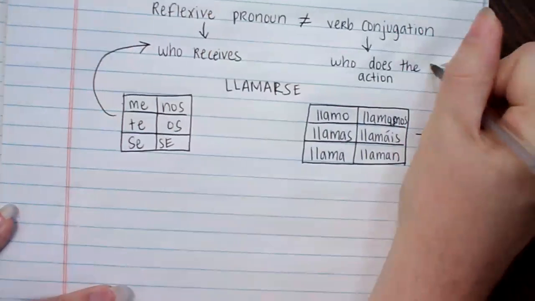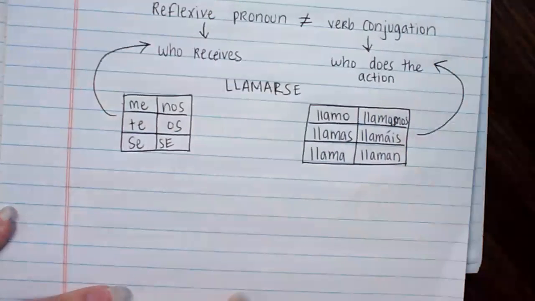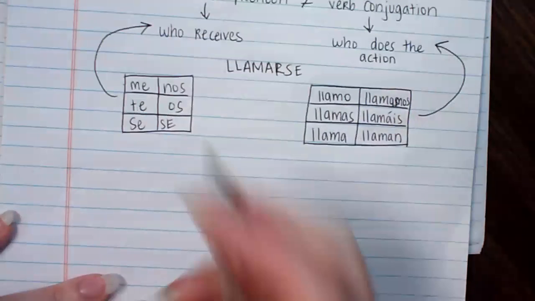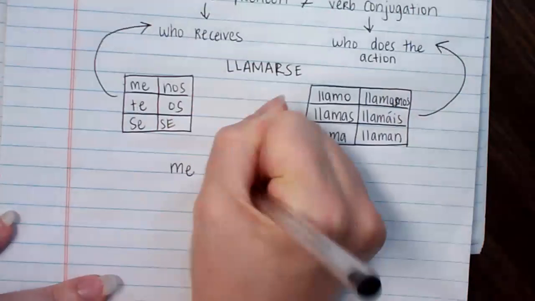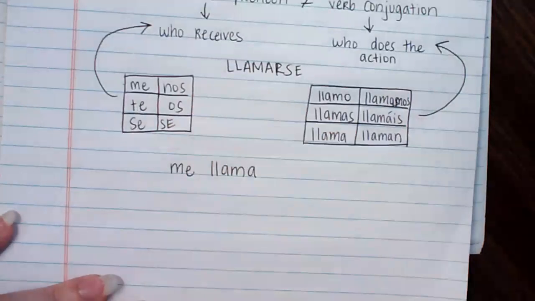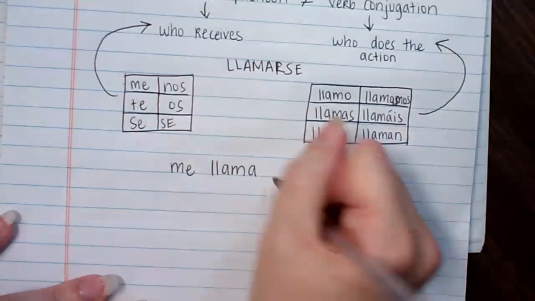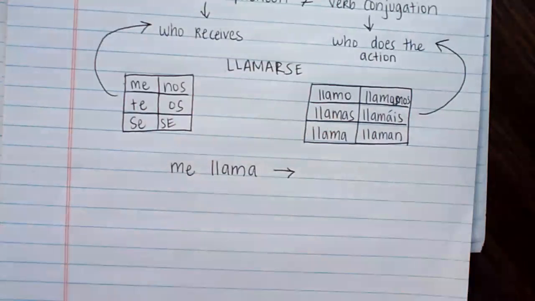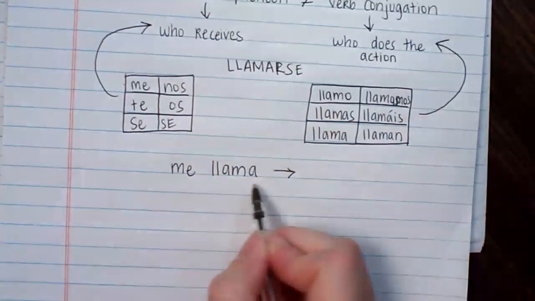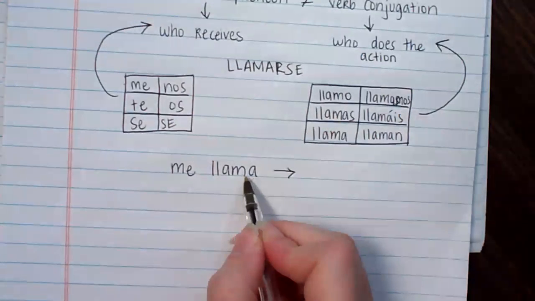Who does it? So in Spanish 1, a lot of people, instead of saying me llamo, they'll say me llama, which doesn't mean my name is or I call myself. So first we have to see who is doing the action.